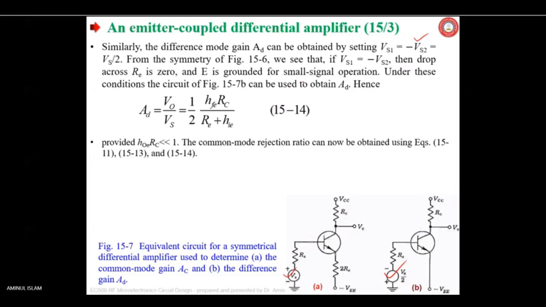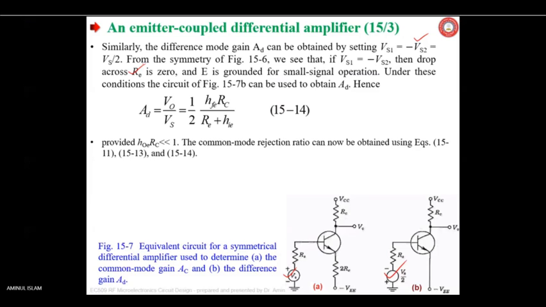From the symmetry of this figure 15-6, we see that if VS1 equals minus VS2, then the drop across RE is 0.